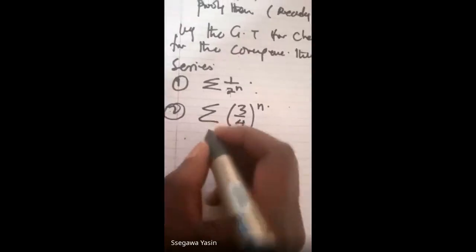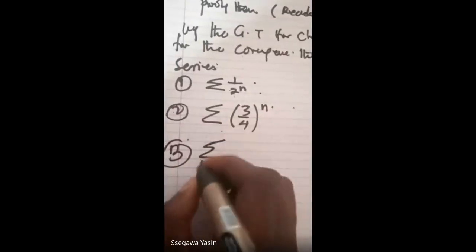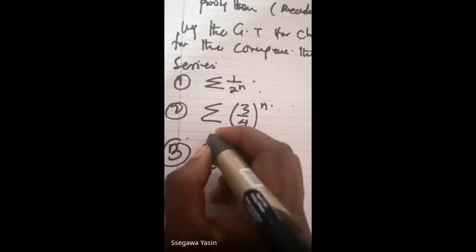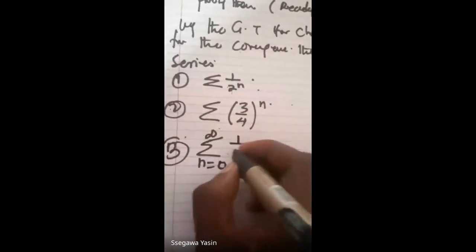Sometimes we can add just number 3: sum from n equals 0 to infinity of 1 over 2 to the power n, because I want you to see something funny.